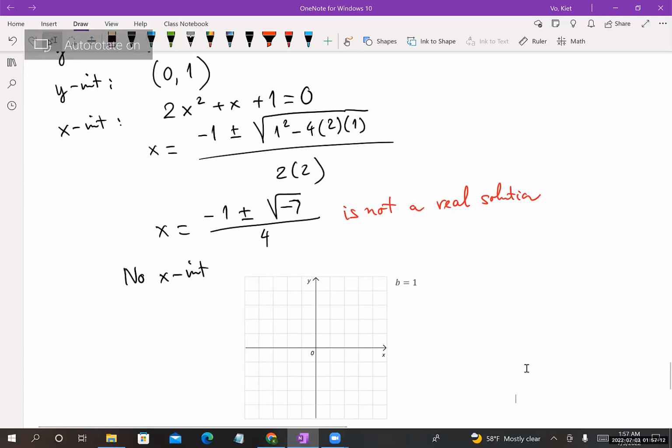Please ignore this b equal to 1, whatever it is. That shouldn't be there.